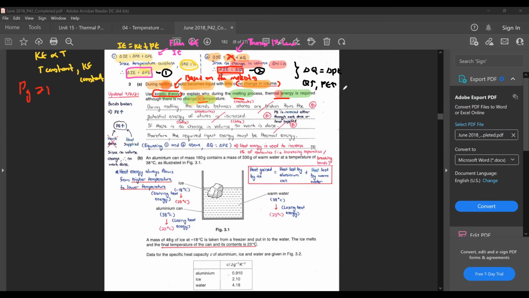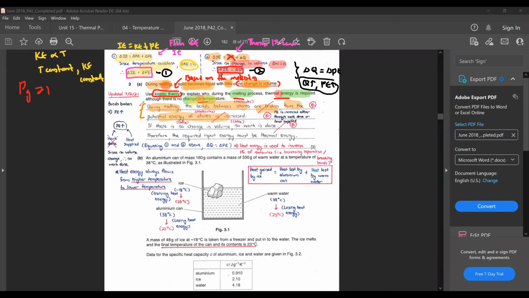Why do I need to say this? It is because of what the answer here wrote. You see, when you melt something, the bonds between atoms are broken. So the potential energy of your molecules is going to be increased. If you understand this first point: when you melt something, bonds between atoms must be broken, so the molecular potential energy is increased.